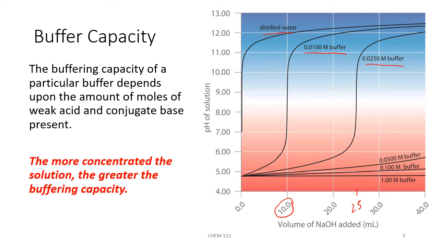And moving on to an even more concentrated buffer, 0.05 molar, 0.1 molar, all the way up to 1 molar, all three of those buffers really were not even broken all the way at 40 milliliters of our strong base being added. So the more concentrated buffers work better than the less concentrated buffers at being able to absorb either strong acid or strong base.